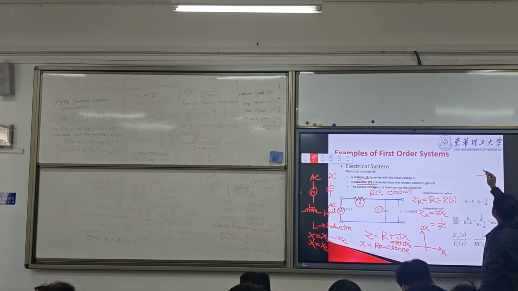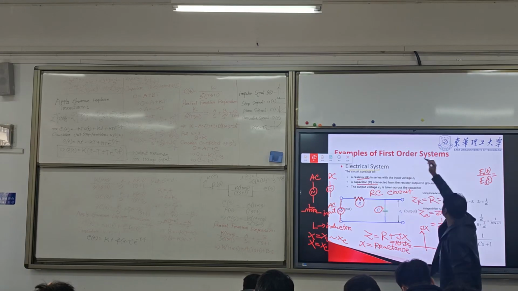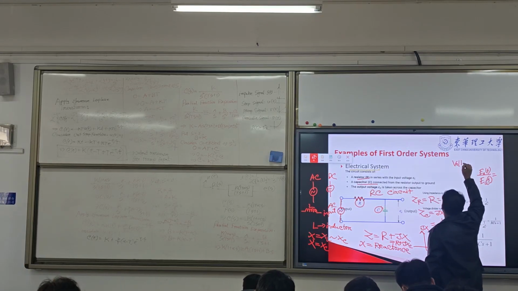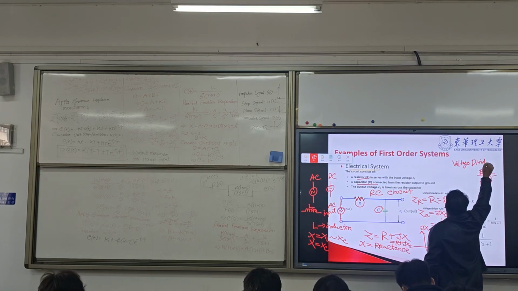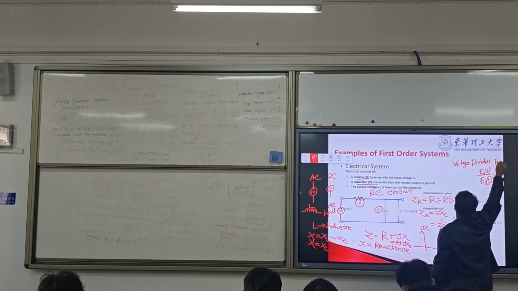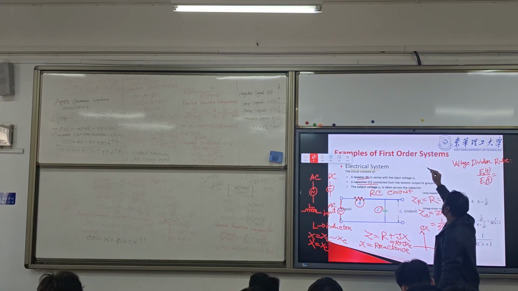So we can write Eout by Ei as equal to, here we need to apply the voltage divider rule. Voltage divider, what is that? Vout is equal to R2 by R1 plus R2 into Vi.